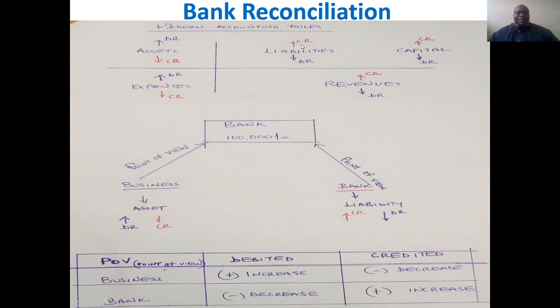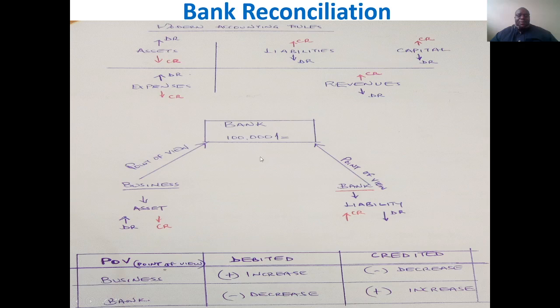If a liability account increases, we credit that account, and when it reduces, we debit that account. We credit the capital account when it increases, and debit the capital account when it decreases or reduces. Likewise, for revenue accounts, we credit a revenue account when it increases and record on the DR side of that account when the account reduces.